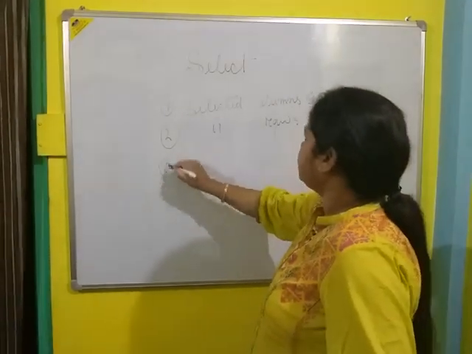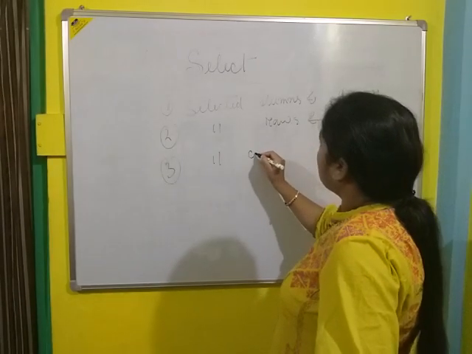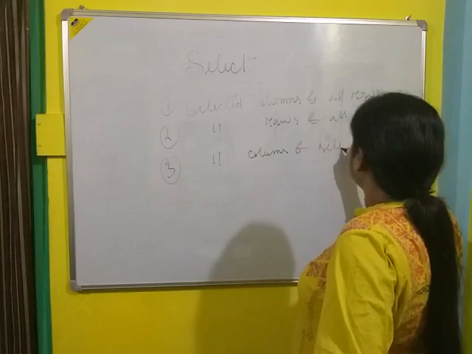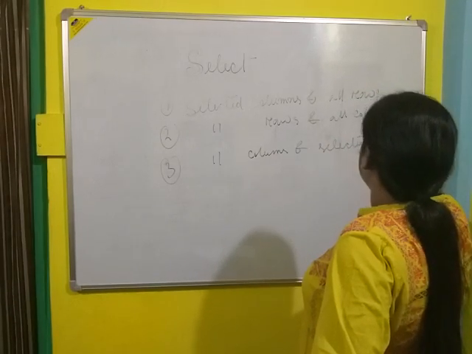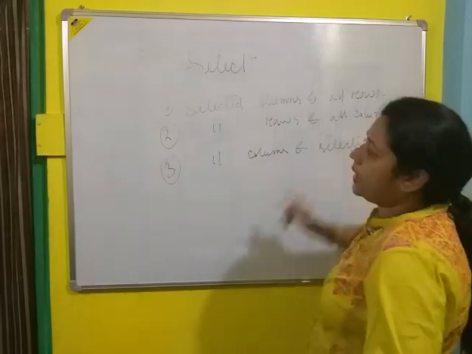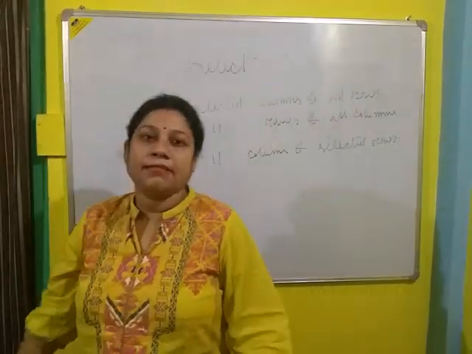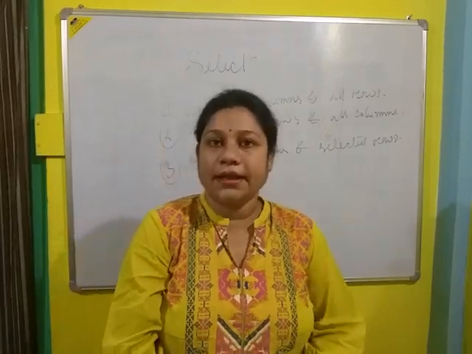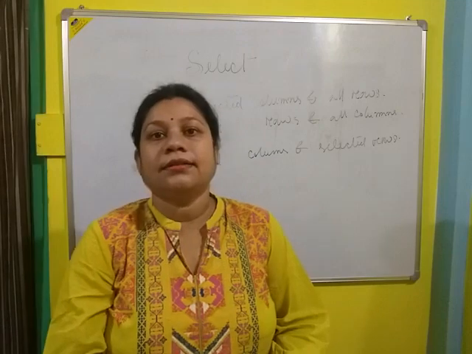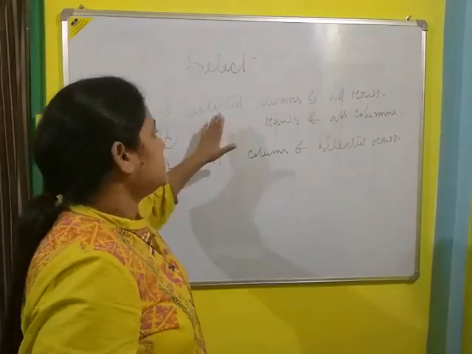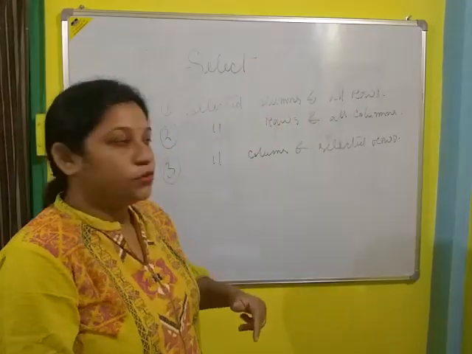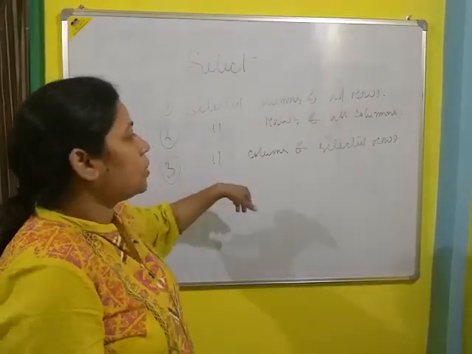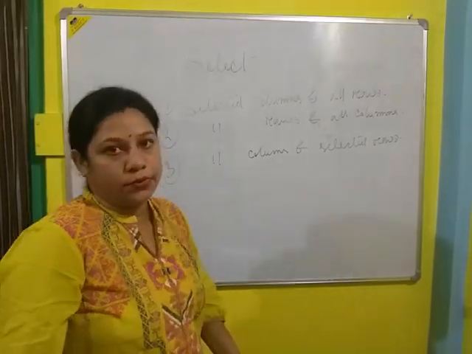And number three, selected columns and selected rows. These are the three different methods for displaying the data values of a particular table using the select command.